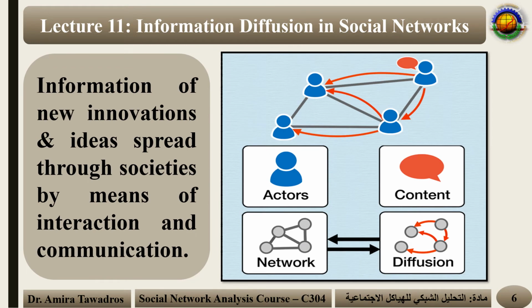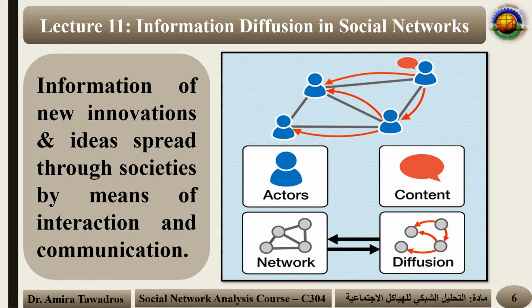The concept of information diffusion is a very important and interesting concept as well, because diffusion is very important for new innovations or ideas to spread. It's not only information diffusion, by the way.